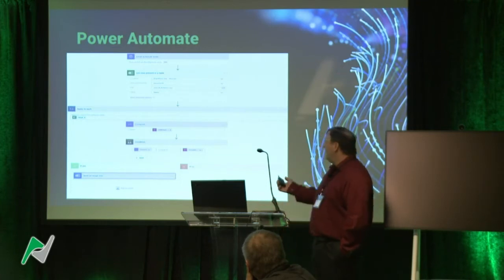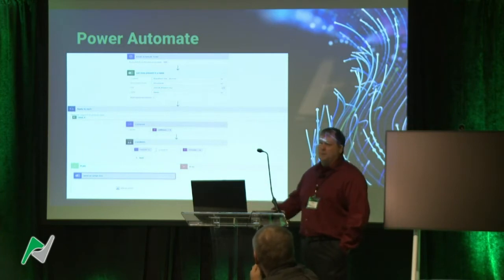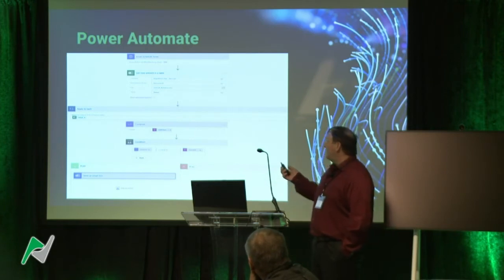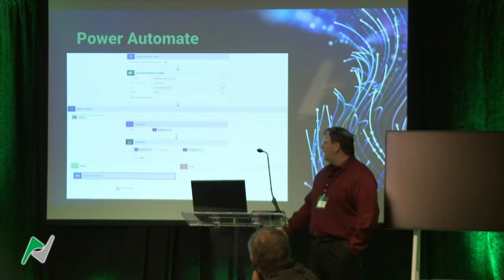We use the data connectors, which was the first one we looked at on the previous slide. We have a data connector that allows us to go to SharePoint, and then we're accessing our on-call Excel spreadsheet and looping through.